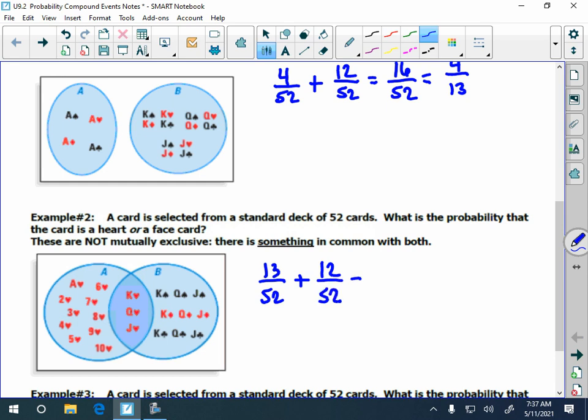There's 3 cards that are in common with both of them. All right, so then we can add the numerator, 13 plus 12 is 25, and then subtract off 3, so that's 22 out of 52. And we can divide by 2, so that's 11 over 26.